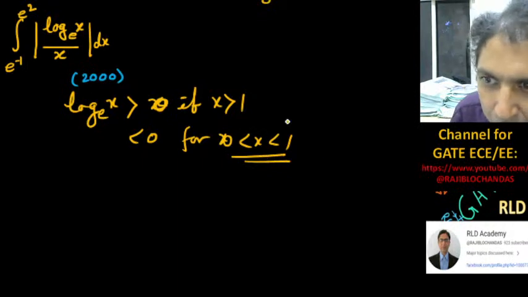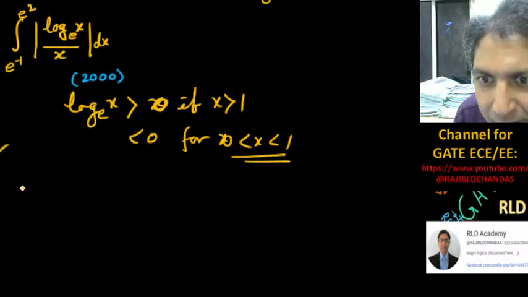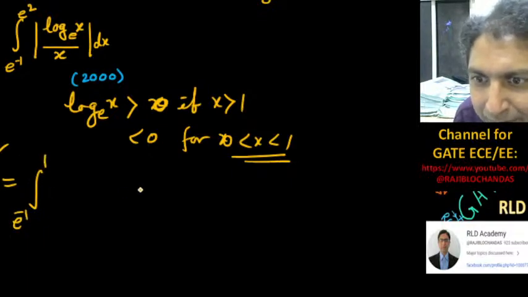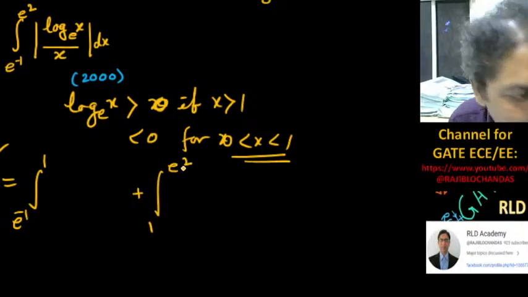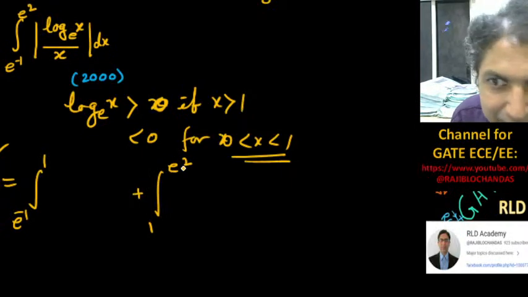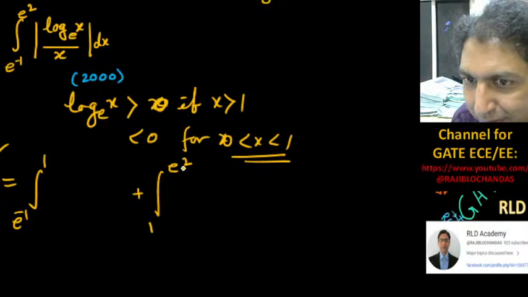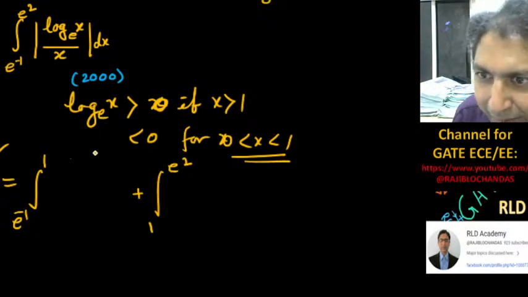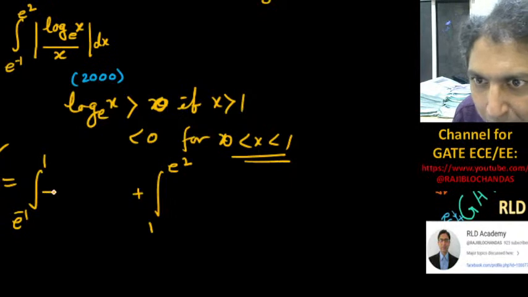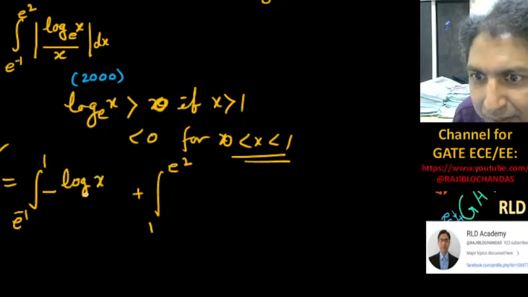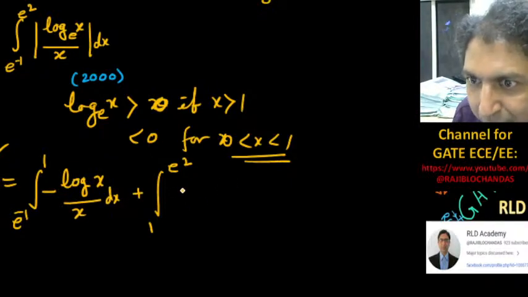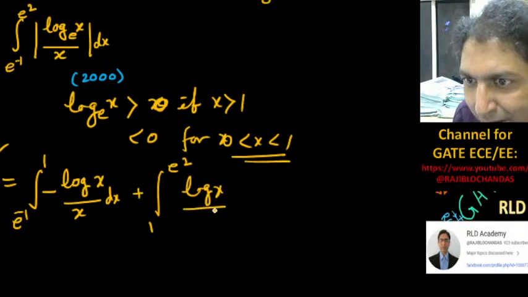So that is the limit, x equals 1, and we need to break this integration into two ranges: e to the power minus 1 to 1, and 1 to e square. In the first range it is negative, so I should put minus log x by x dx, and in the second it is positive, so the same thing, log x base e upon x dx.